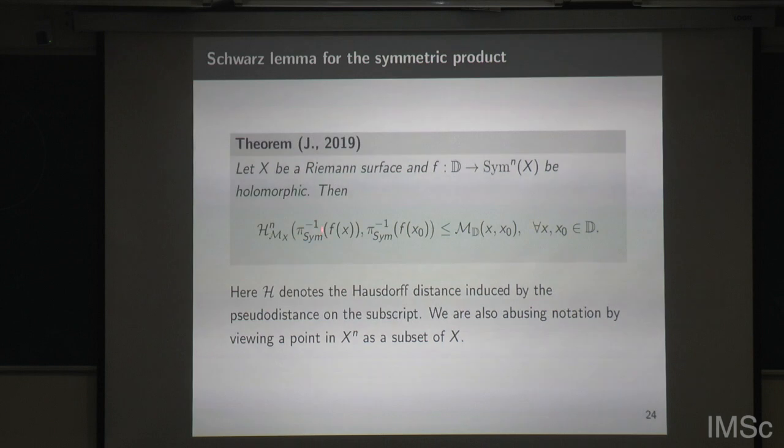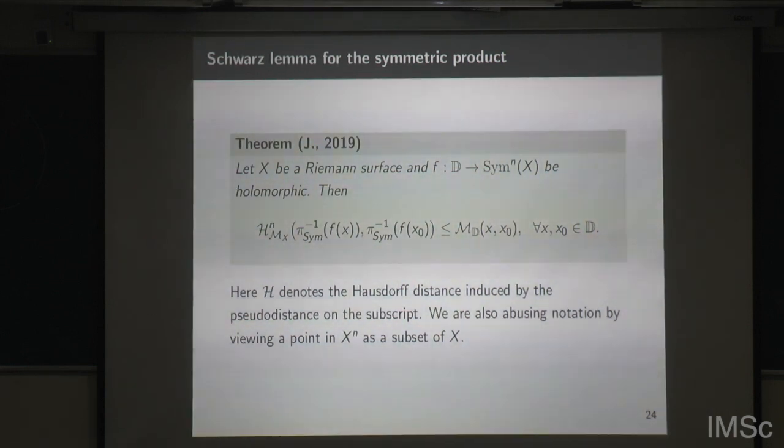π_sym inverse F(x) and π_sym inverse F(x0) are points in the Cartesian product X^n, right? They are not subsets of X. So since I know what π_sym does, any two points which are there in the inverse image will just differ by a permutation.